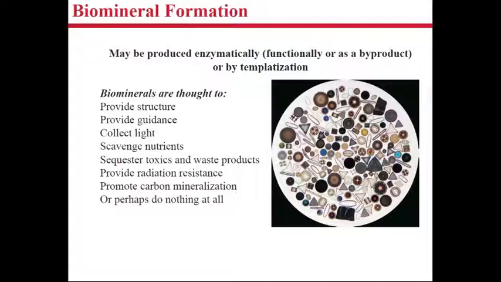They can help organisms get rid of waste. Some organisms take in iron and they essentially breathe it. They need to get rid of the iron oxide that's produced, so there's biominerals as a way to just dump that. They can provide others that are valuable to, like radiation resistance. Or they may do nothing at all, depending on what form, or at least nothing that we know at this point.